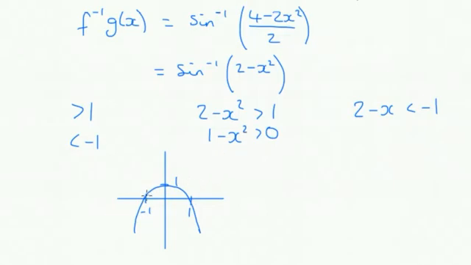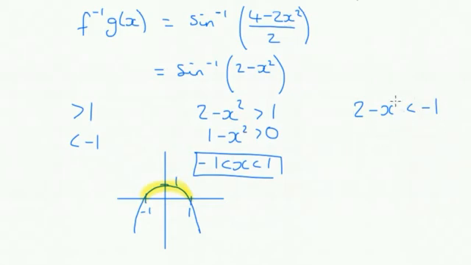So in this section here, we're not allowed it, because that would lead to this being bigger than 1 or less than minus 1. So the first thing we're not allowed is for x to be between minus 1 and 1.